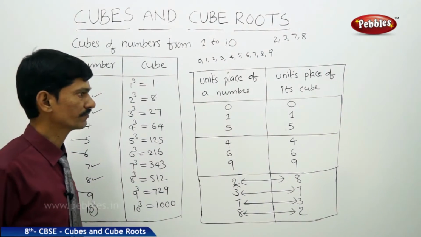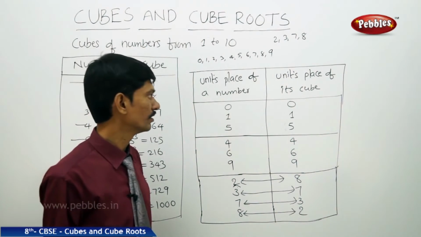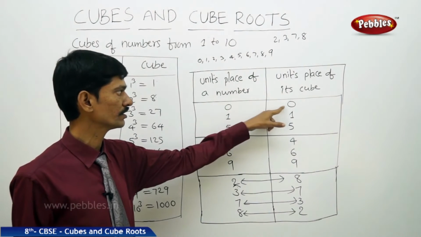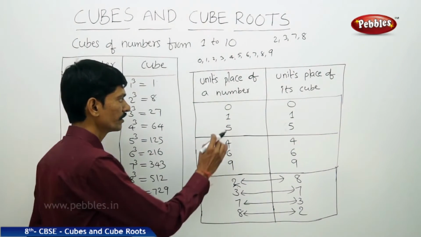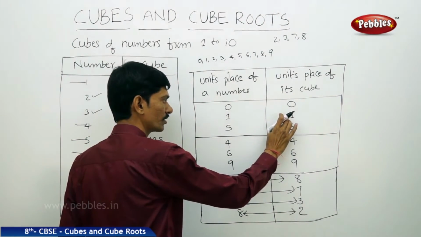This is not only for the first 10 natural numbers, we can take the cubes of any natural numbers. So if the given number ends with 0, then its cube also ends with 0. If the units place of the given number is 1, then the units place of the cube is also 1.